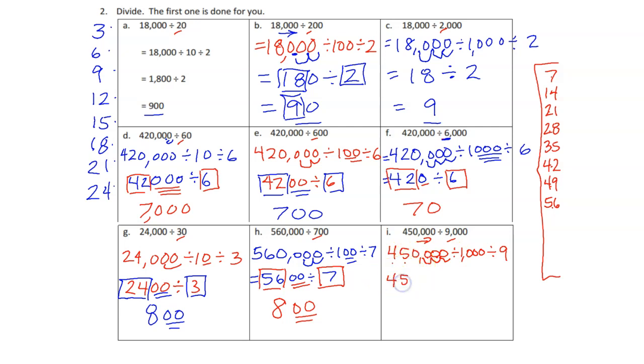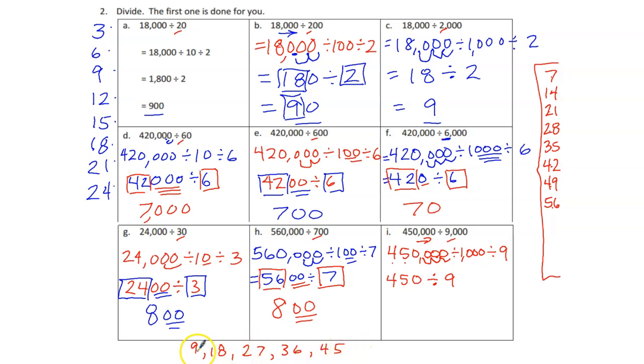So my 450 divided by 9. I don't know what 450 divided by 9 is, but I know my 9 times tables. So 9, 18, 27, 36, 45.